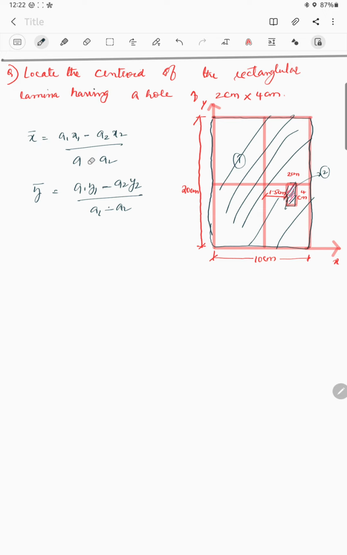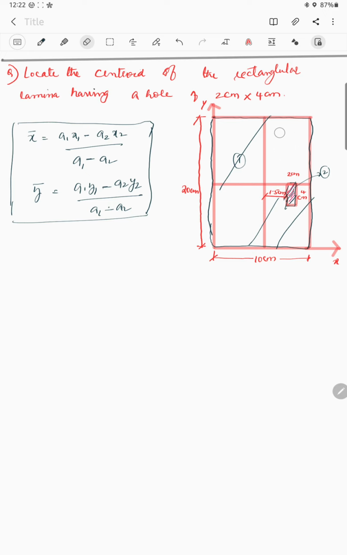Here also a1 minus a2. These are the two formulas which we will be using in the calculation of the centroid of this rectangular lamina. So we'll try to remove this one by one.